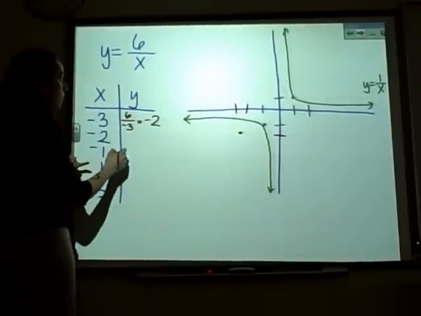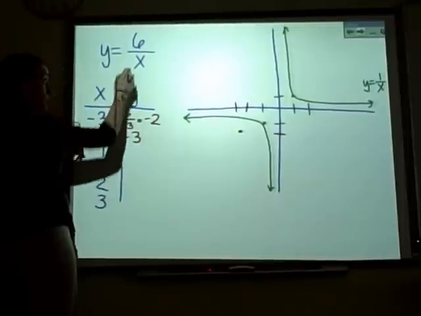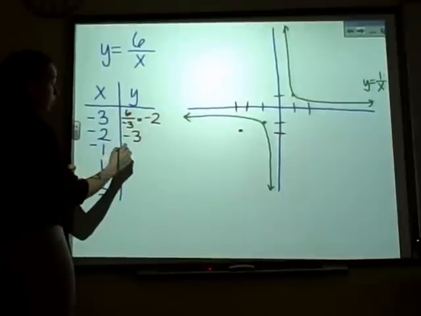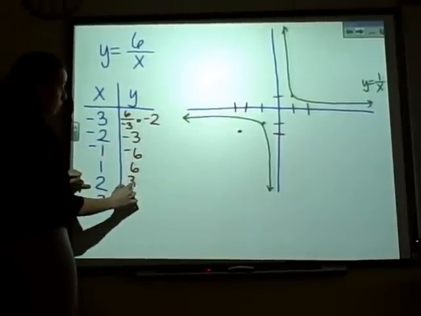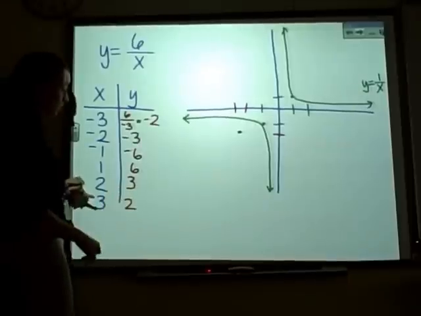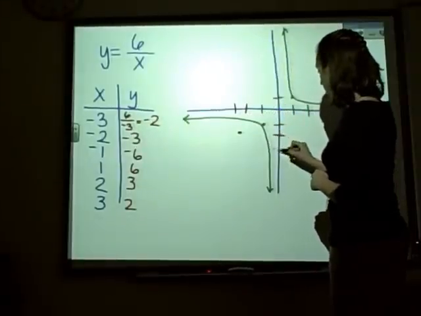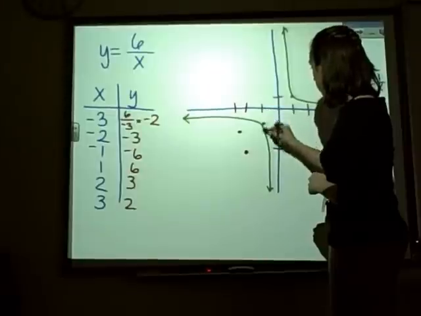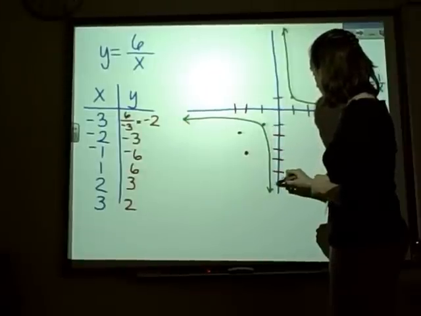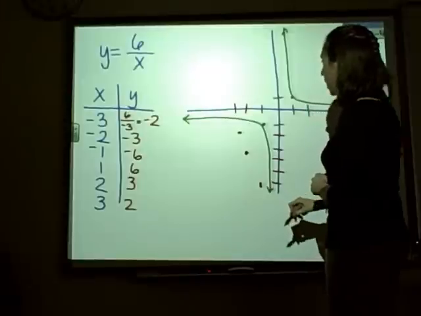Okay, we continue plugging it in, and again, I'm just picking these points and plugging them in for x. -6, 6, 3, and 2. So we're going to go (-2, -3), that's about there, (-1, -6), about there.